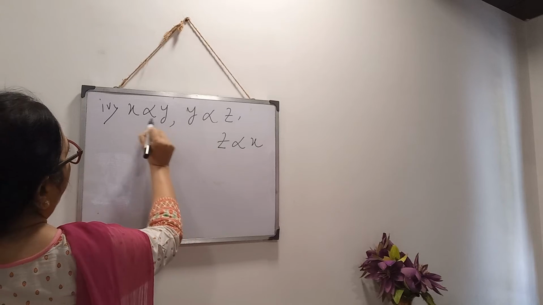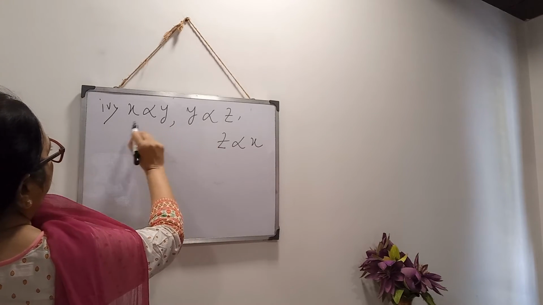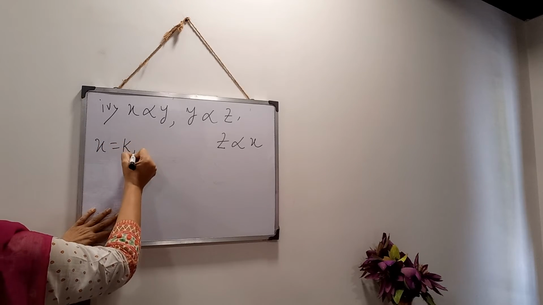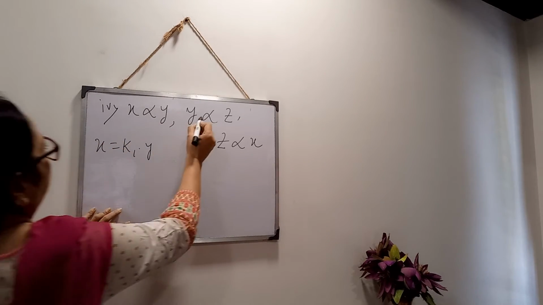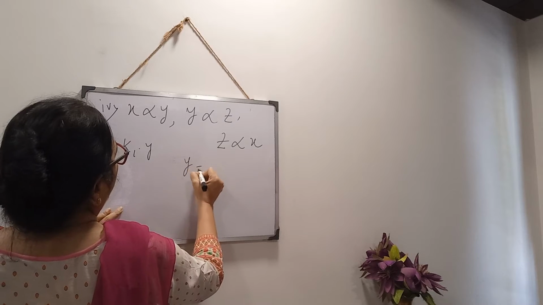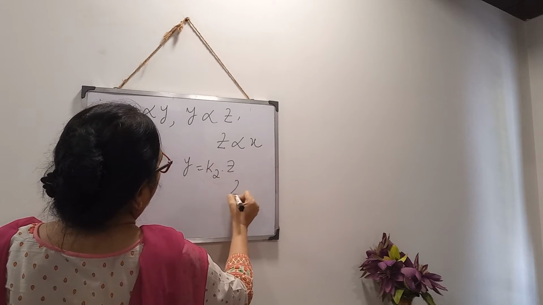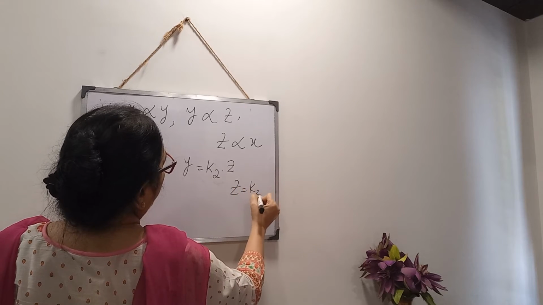Three variation relations are there, so three constants will come. From here, X equals K1 into Y, Y equals K2 into Z, and Z equals K3 into X.